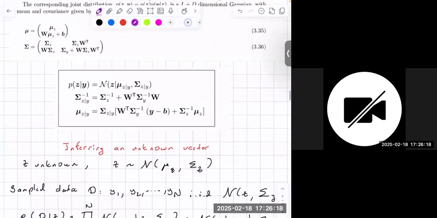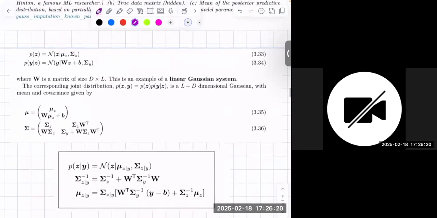Okay, now the next thing I would like to show you before the next application is, what if I have a transformation involved? The story goes the same. If your Z is this Gaussian, if your Y conditioned on Z is that Gaussian, and if you stack them together and look at their posterior, you again get yet another Gaussian.